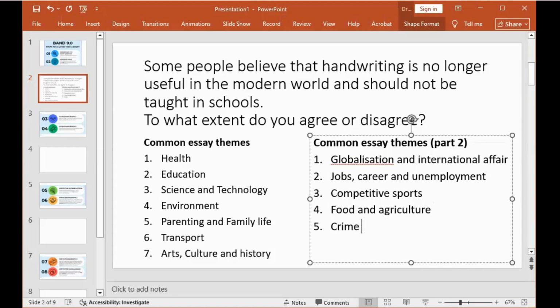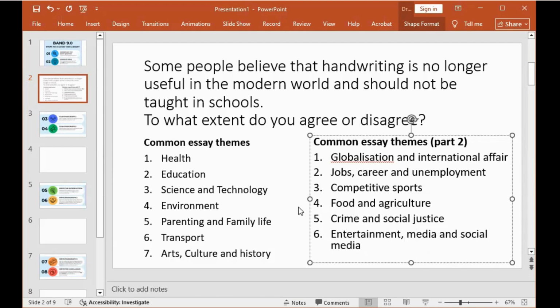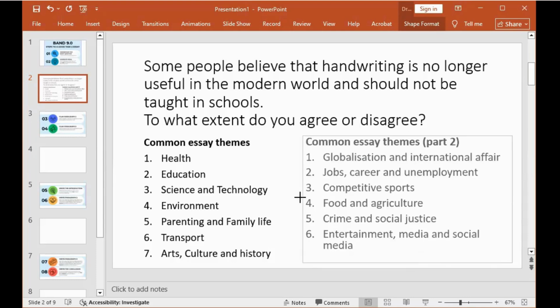There are some essay questions that have to do with crime and justice, or let's say social justice. Then we have media and social media. Let's add entertainment to this list. Entertainment, media, and social media.